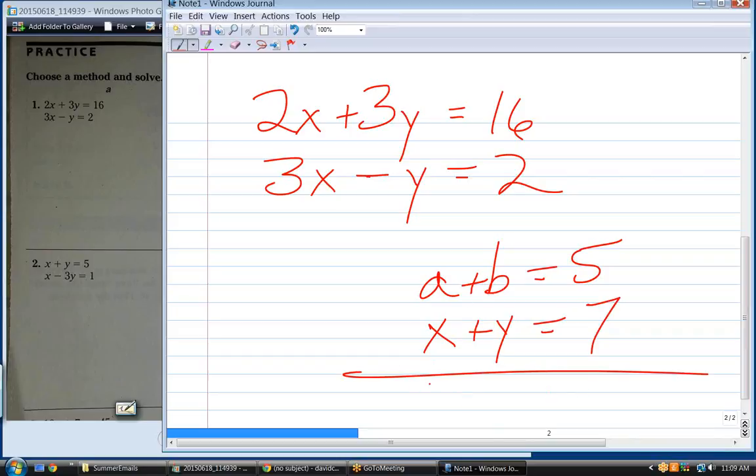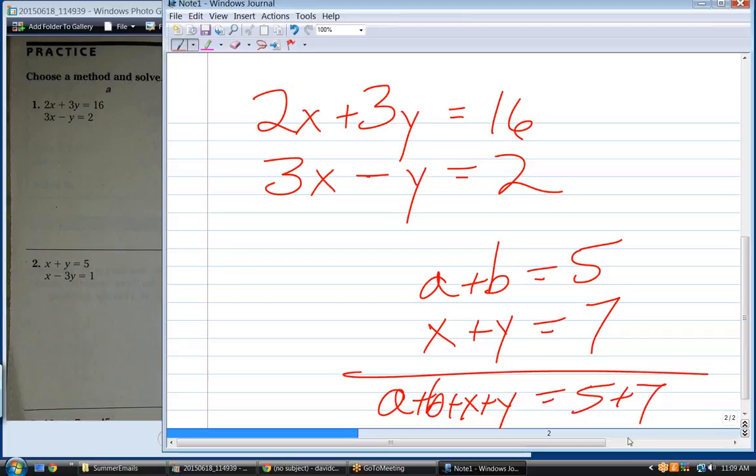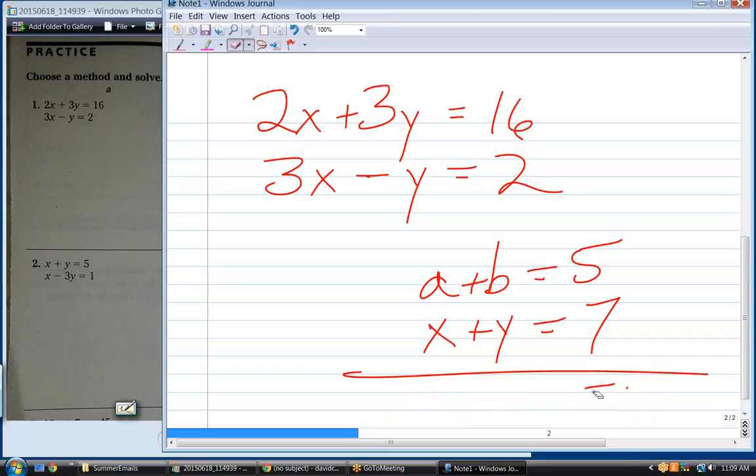I could add them and you get a plus b plus x plus y equals 5 plus 7. I can also subtract them at any point. I could say a plus b minus the quantity x plus y must be equal to 5 minus 7. So you can always do those two things with equations.